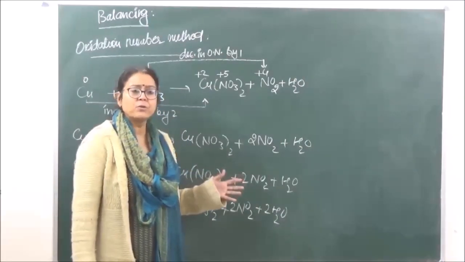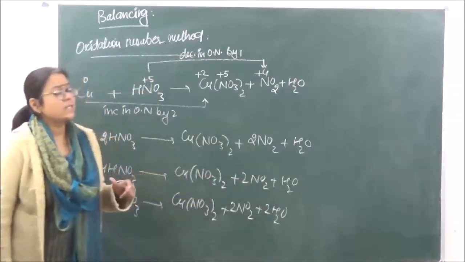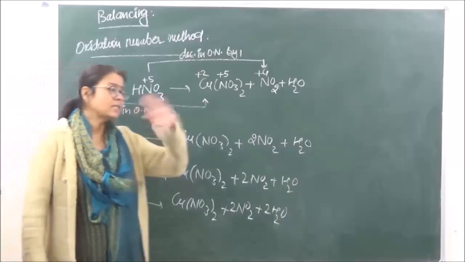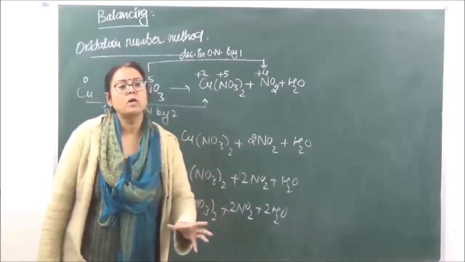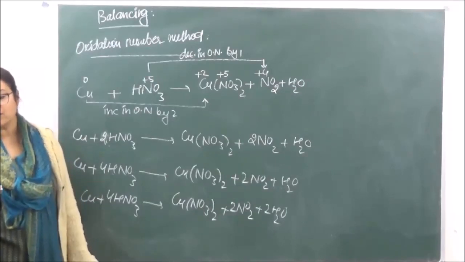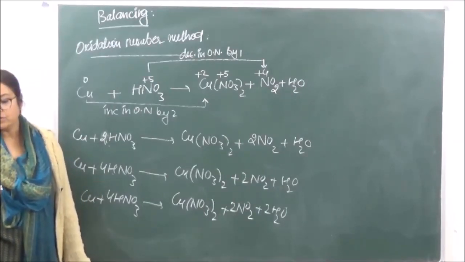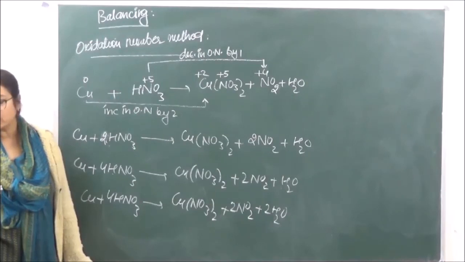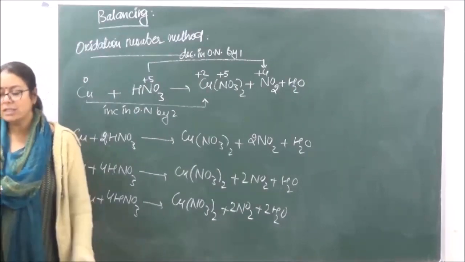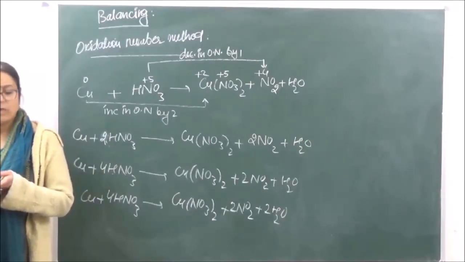Accurate results are going to be there. But in case in your boards you get a question to balance the equation by this method, then you have to follow a particular method. Otherwise there is no need to follow any particular method over here. Okay? So this is how we can balance the equations by the oxidation number and ion electron methods.